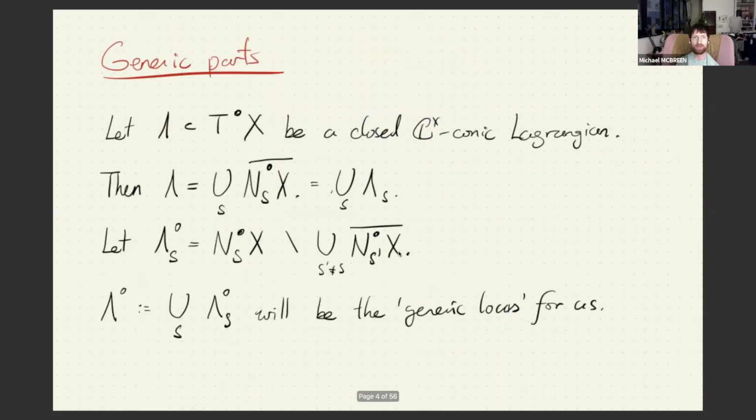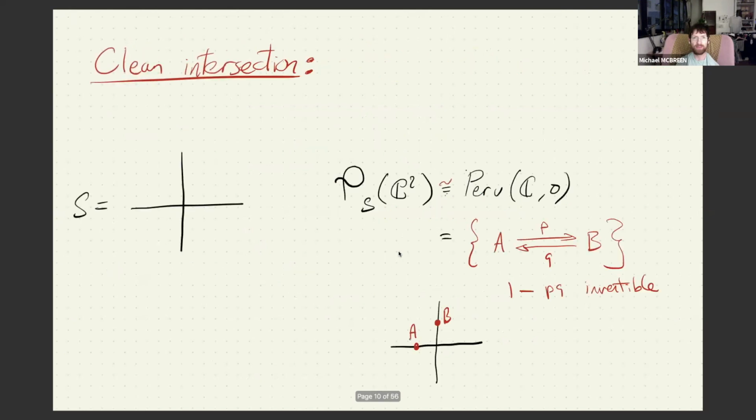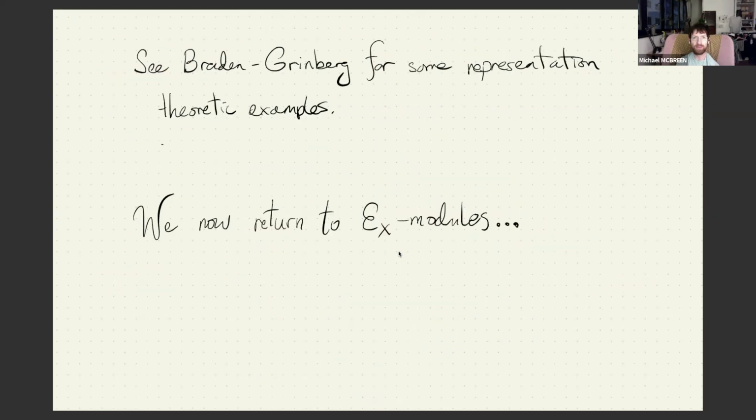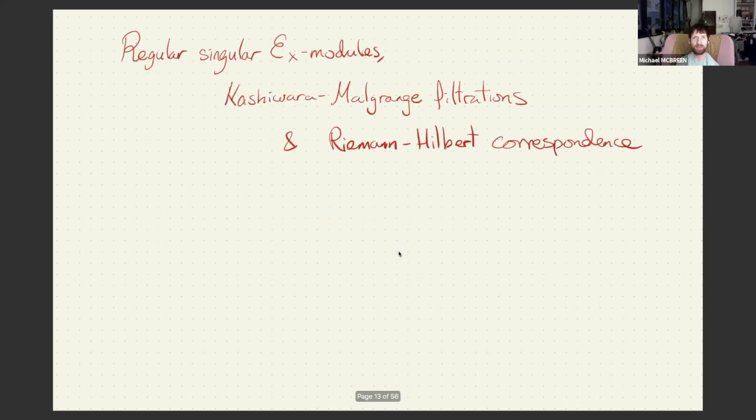So I'm just going to skip this section, which we did at the end of last time, which you may have missed if you left on the hour, and start with the new material. I'm going to talk about regular singularities, Cauchy-Lagrange filtrations, and the Riemann-Hilbert correspondence.